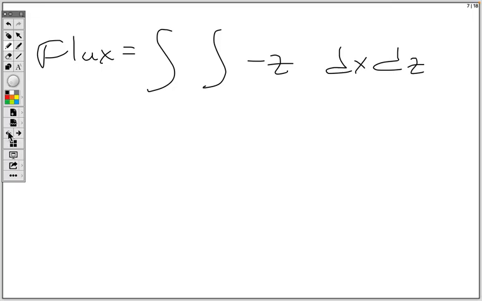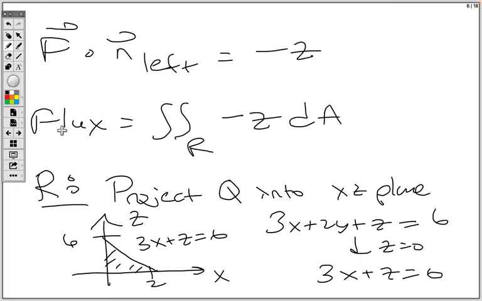So if I do dx dz, then I'm chopping the z up between constant bounds from where to where? Zero to 6.